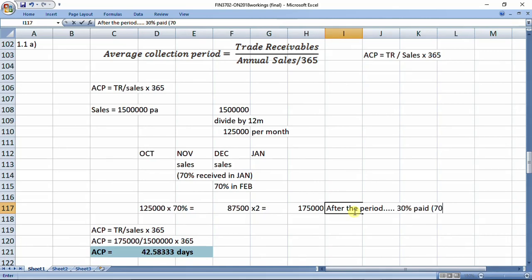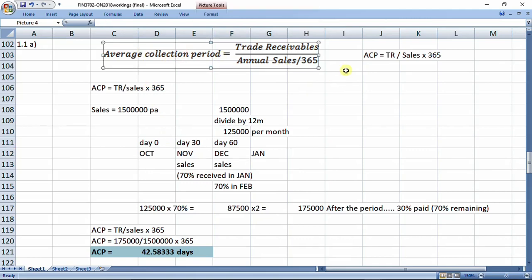If we're looking at how much trade receivables I have available, every month I'm going to have sales of 125. I'm looking at how much of that is left over. So 30% pay, and then 70% pay after 50 days, so two times that amount is outstanding at the end of that period.